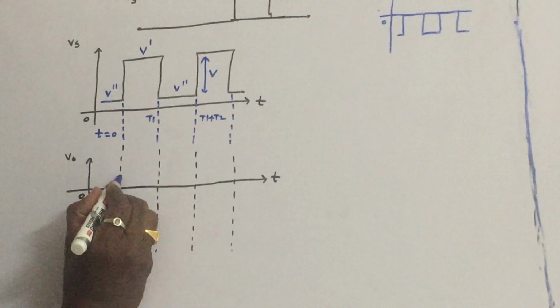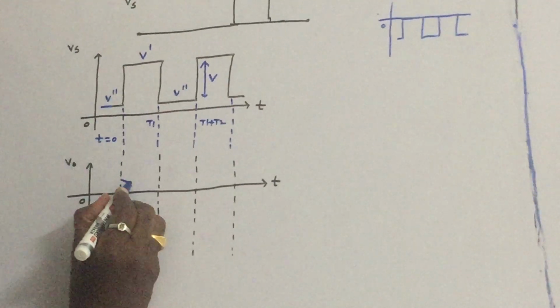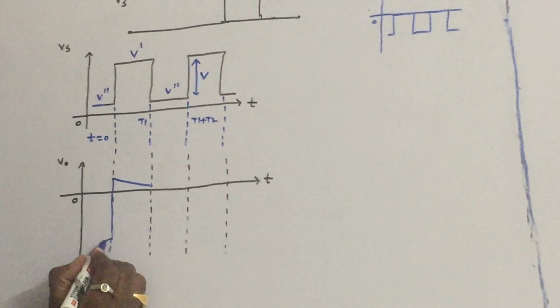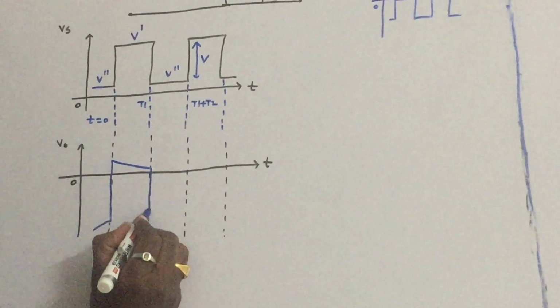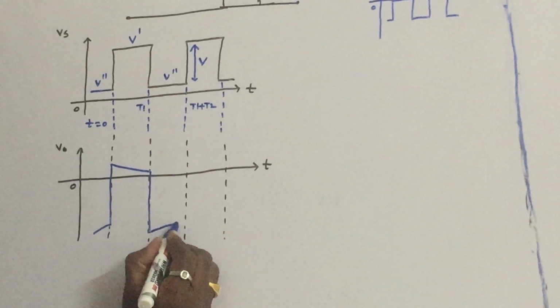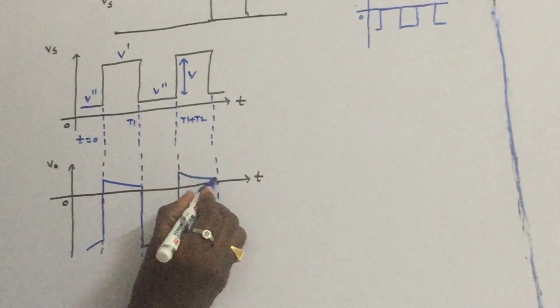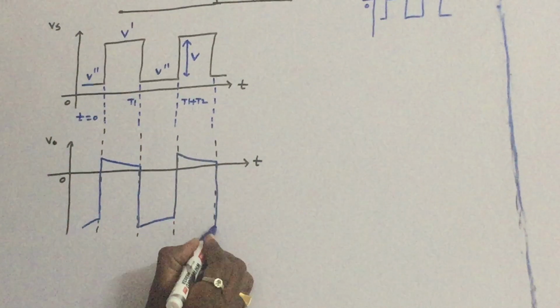The clamper circuit output will come something like this because of the diode forward resistance RF and source resistance RS.